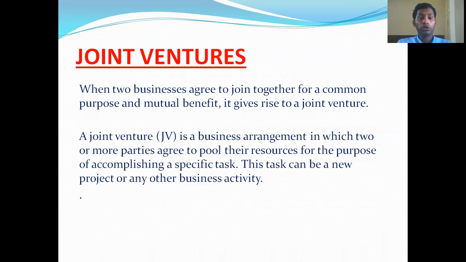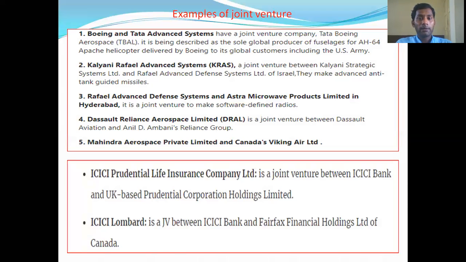So it's all about joint venture. In simple terms, joint venture means two or more companies joining together and starting a new company, or joining together to accomplish a specific task or work. That's also called a joint venture. Now look at some very interesting examples.